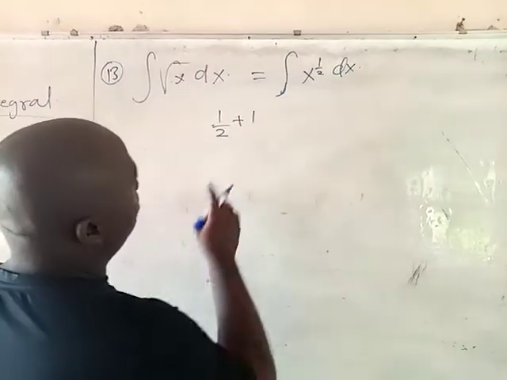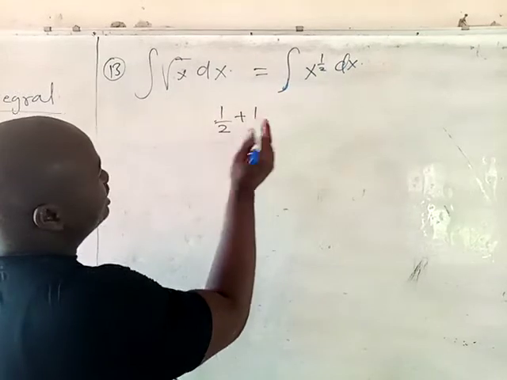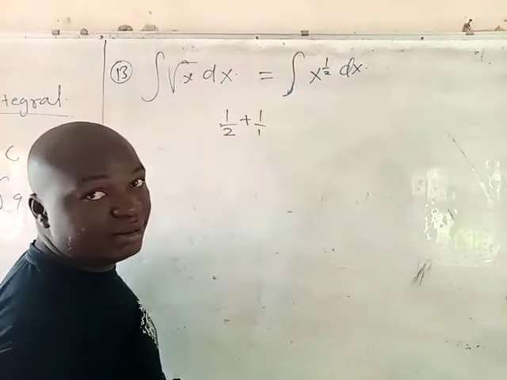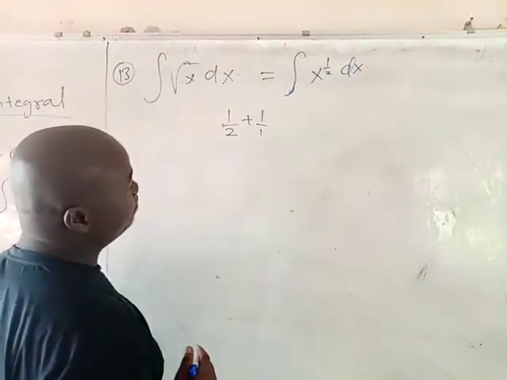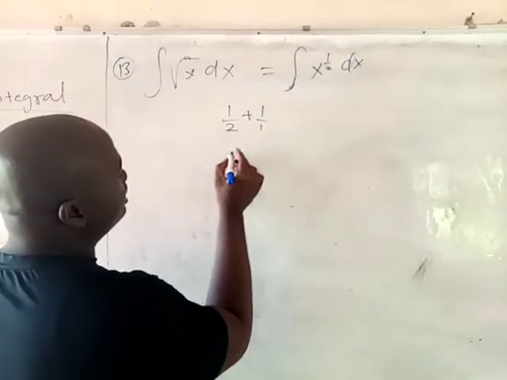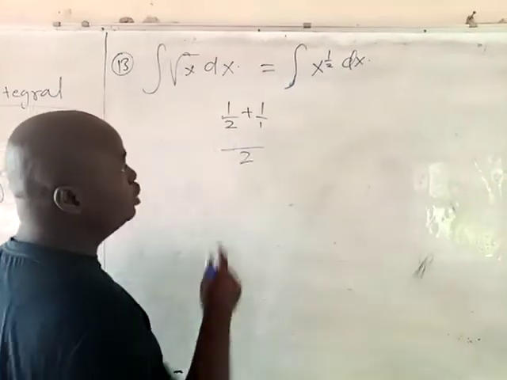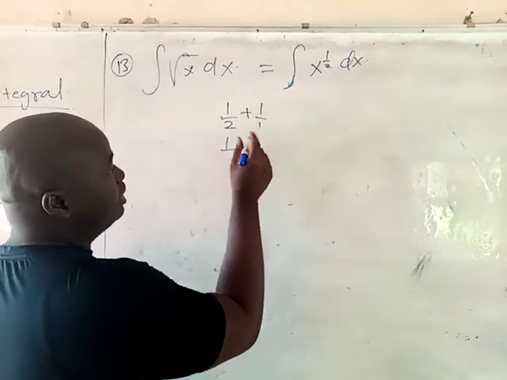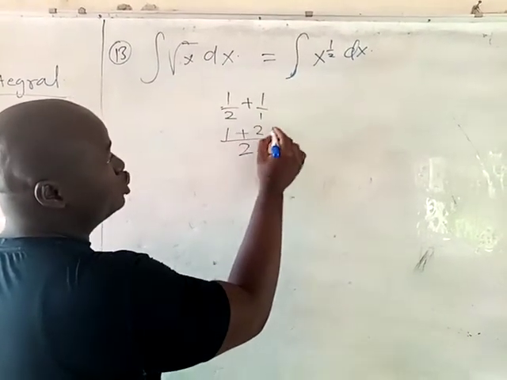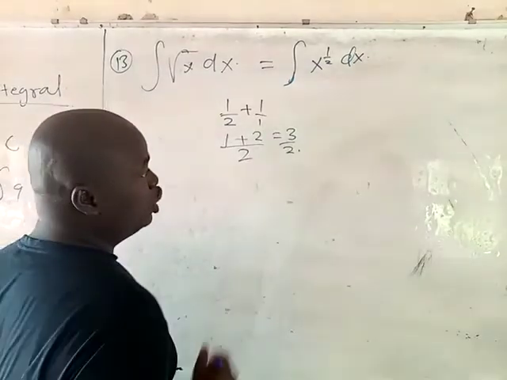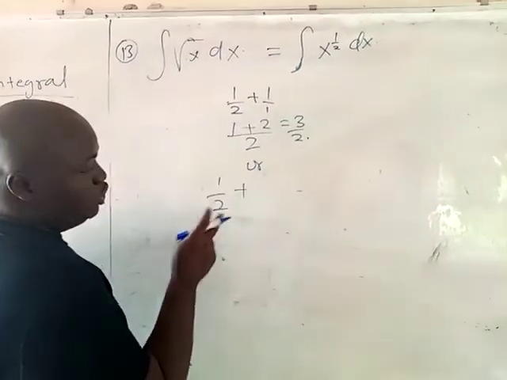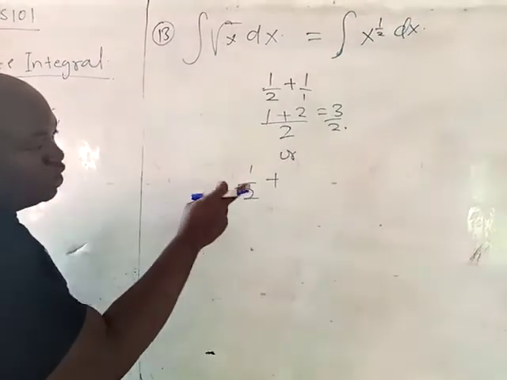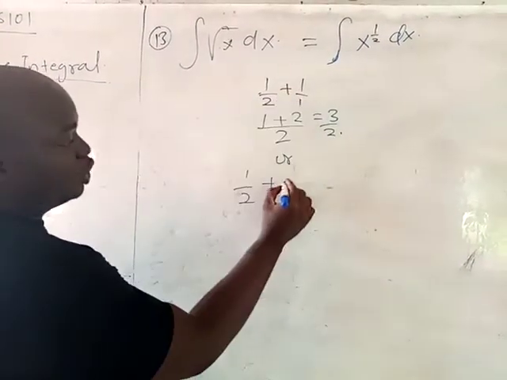Good. Now you can see that this thing we can solve using LCM, right? But you know that there are 2 ways for you to do this. Instead of you take the LCM and say the LCM is 2, so this into this is 1, this into this will give you 2, so you have 3 all over 2. Or you write 1 all over 2 plus 1.